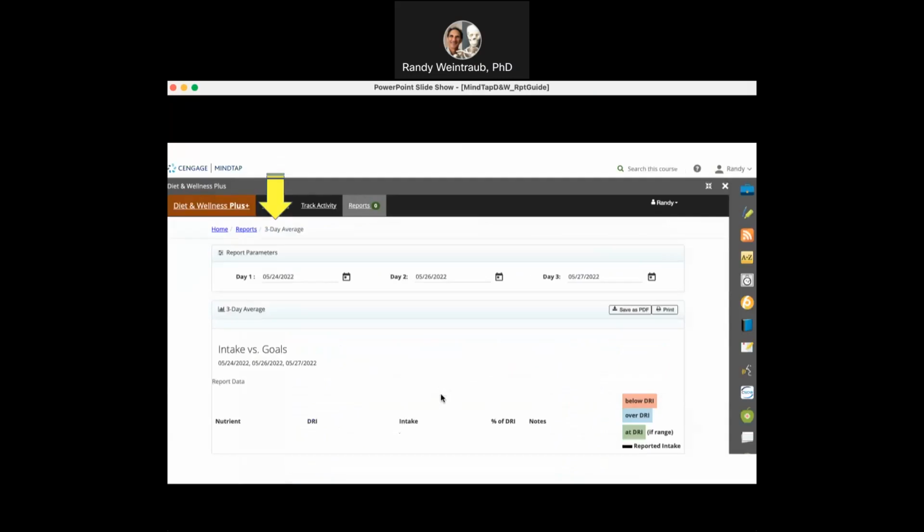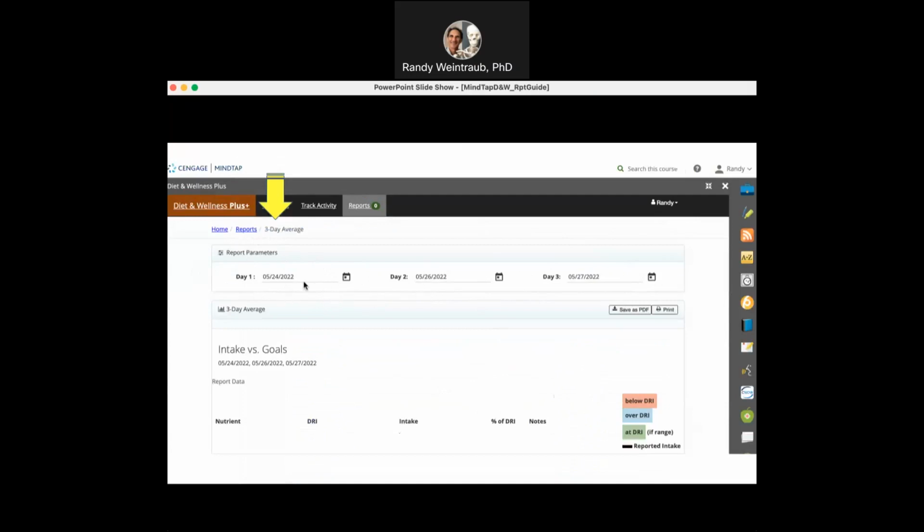Okay, so here's the 3-day average. And here I'm showing the 3 days that I logged my eating, consumption, beverages, etc., and activity these days in May.